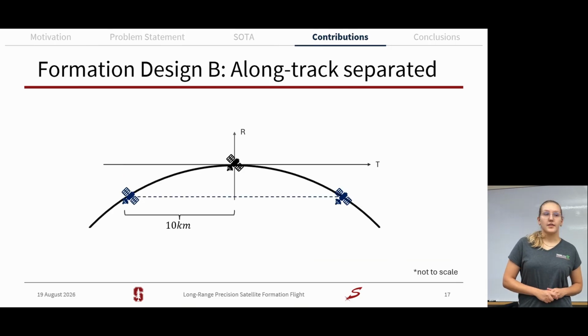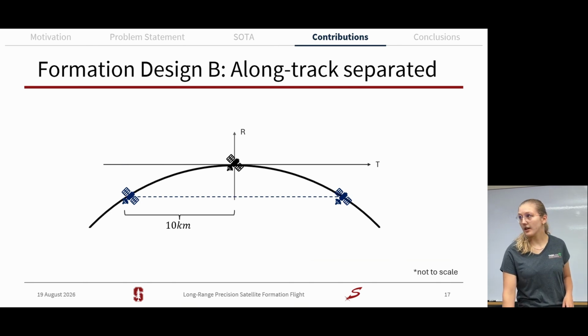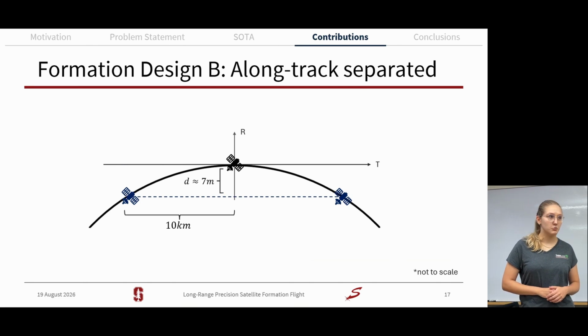Then the problem is that at these 10 kilometers, we actually have to start thinking about taking the curvature of the orbit into account. And in this case, for a value of a of 7,100 kilometers, so in LEO, we get this value to be around 7 meters.